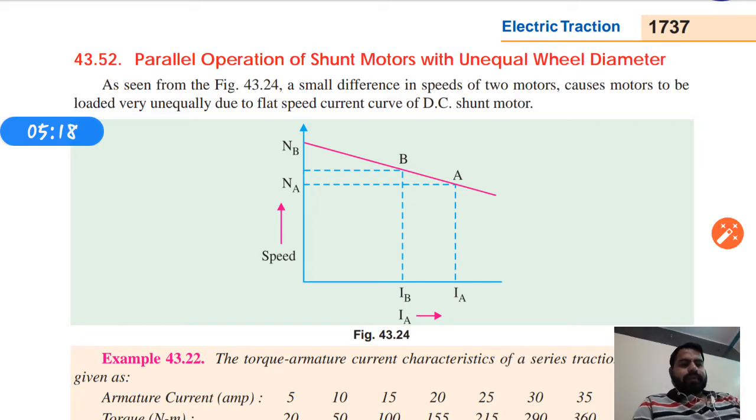Anyway, as we know, DC shunt motors are not very suitable for traction purpose. The DC series motors are more suitable for traction purpose compared to the DC shunt motors.